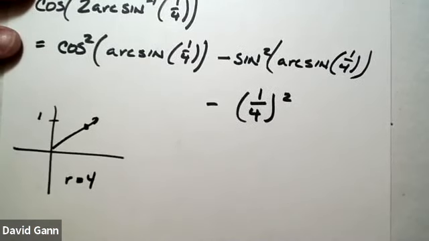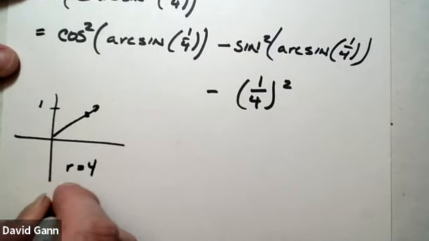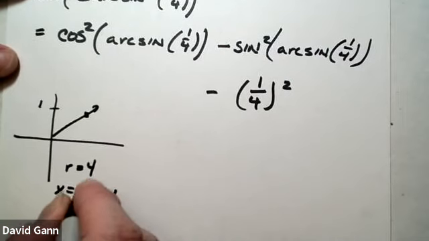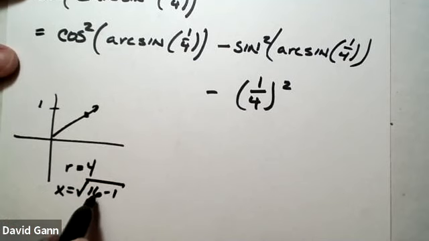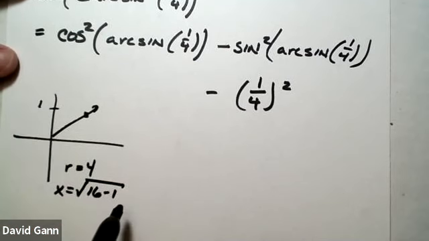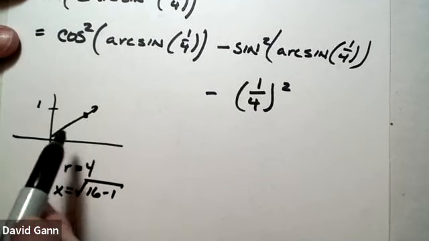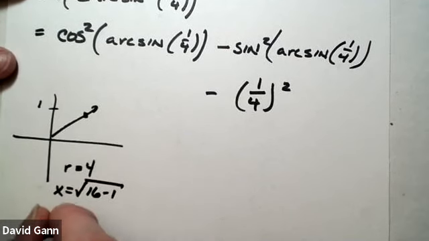So how do I find the x value? Well, the x value is going to be the square root of 16 minus 1. That's r squared minus y squared. And it is going to be positive because it's a quadrant 1 angle. This reduces down to square root of 15.